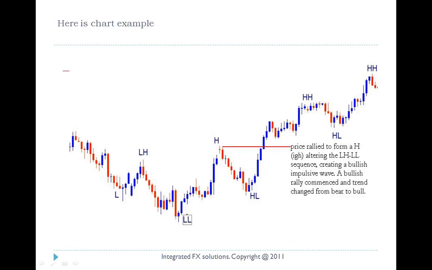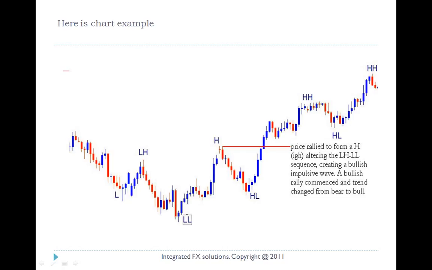Here is a chart example. Price was initially making a low, lower high and lower low. Then price rallied to a point H, a high, which is higher than the previous lower high, thereby violating that sequence.